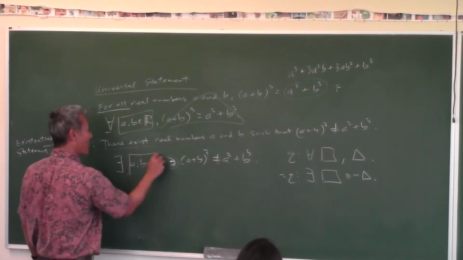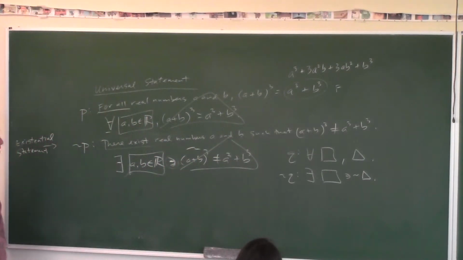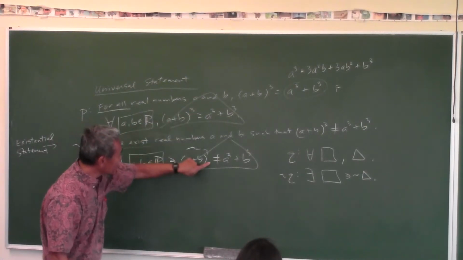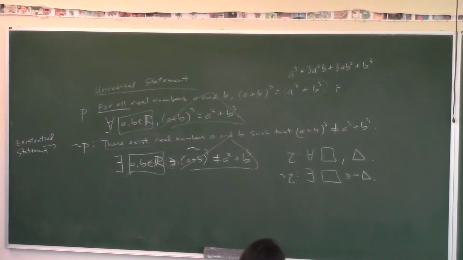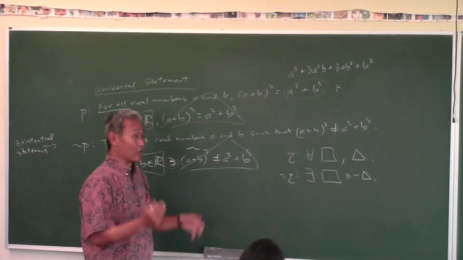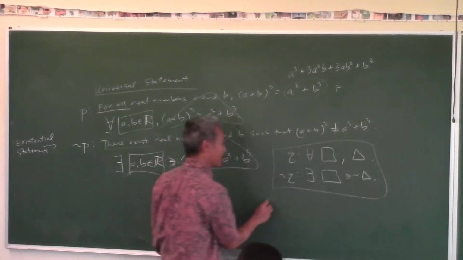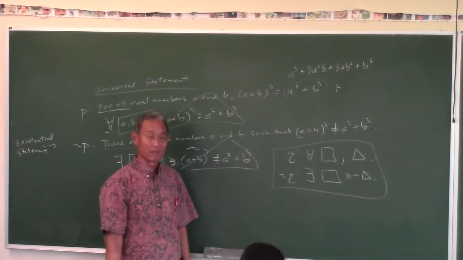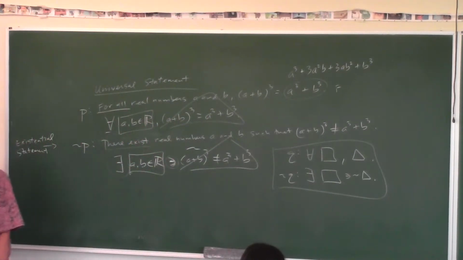There exists box such that not triangle. See, because if this is triangle, wouldn't that be not triangle, the negation of it? There you go. It's that simple. It really is that simple. So if you have to remember anything, that's it right there. That's how you negate a universal statement. It doesn't matter what the meaning of the words are. But you know what students have problems with?